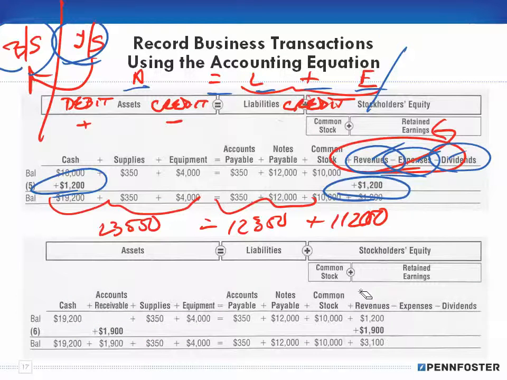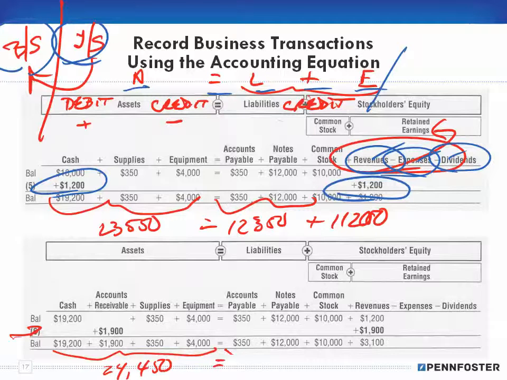So once we've made this journal entry right here, now our balances in the accounts: cash I have 19.2, accounts receivable I have 1,900, supplies 350, and equipment. So whatever that amounts to, let's see here, 19.2 plus 1,900 plus 350 plus 4,000 is equal to 24,450.